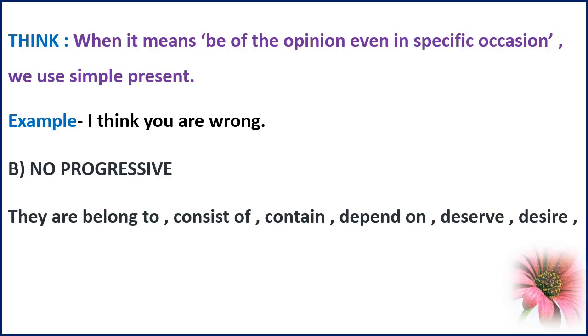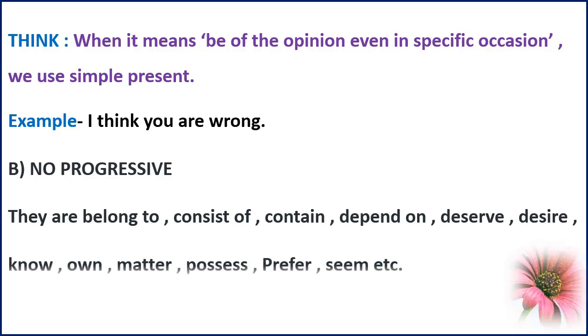Again, point B. They are belong to, consist of, contain, depend on, deserve, desire, know, own, matter, possess, prefer, seem. These are the stative verbs where there is no progressive form, present progressive form used.